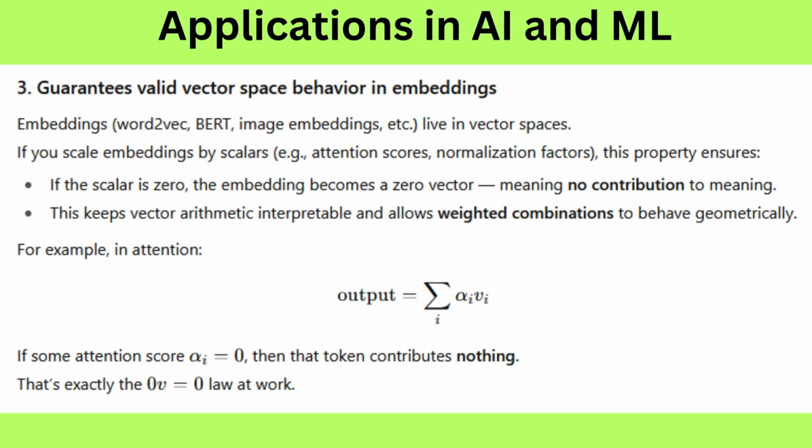This keeps vector arithmetic interpretable and allows weight combinations to behave geometrically. So in attention, shown by the equation below, if some attention score A equals 0, then that token contributes nothing. Exactly, which is the law 0v equals 0 at work, just to keep the linearity.